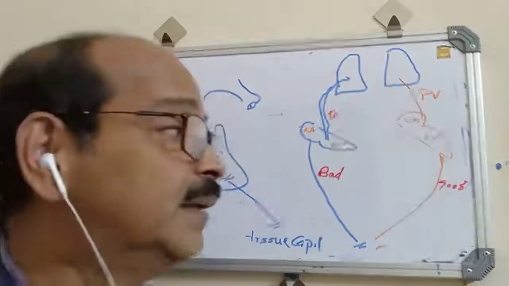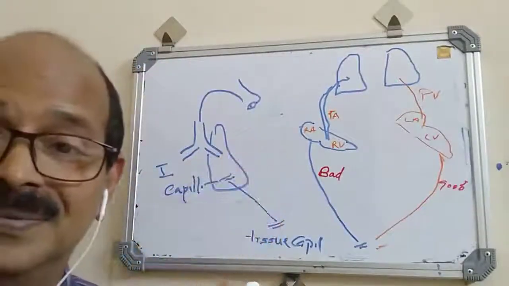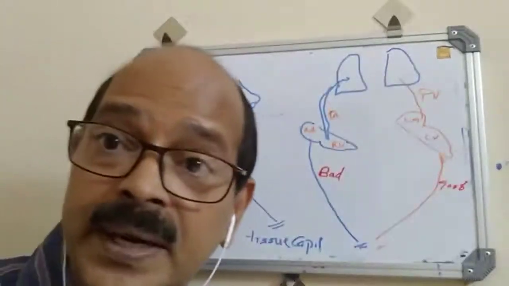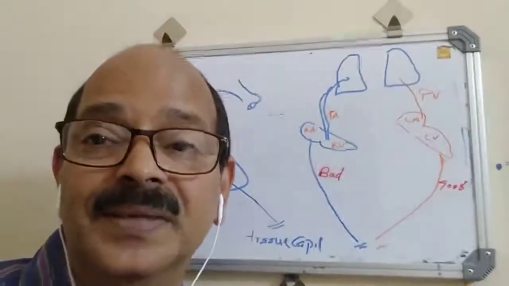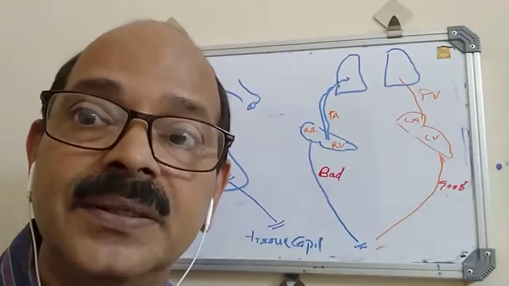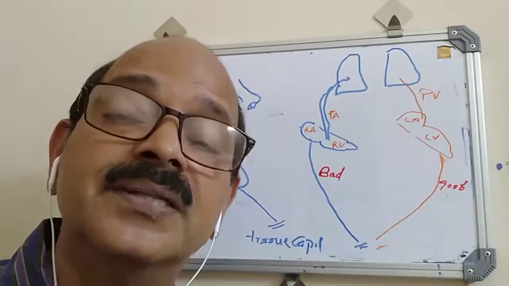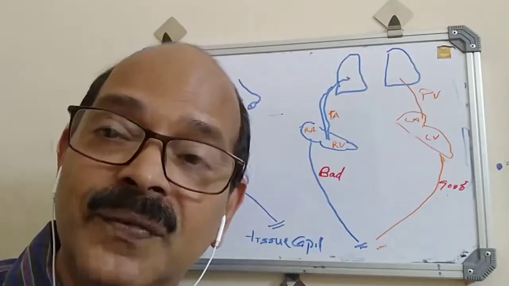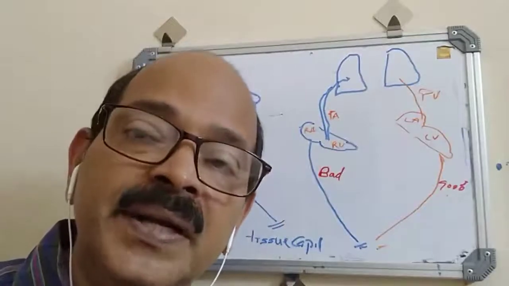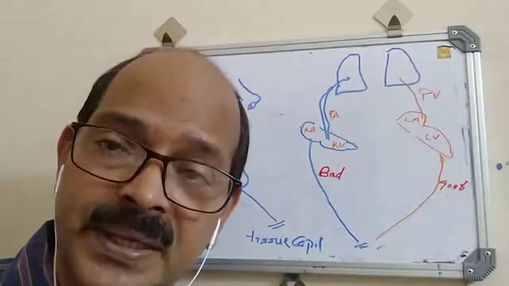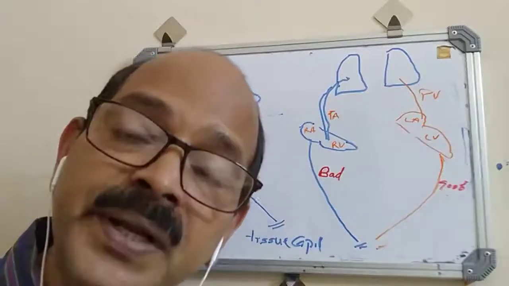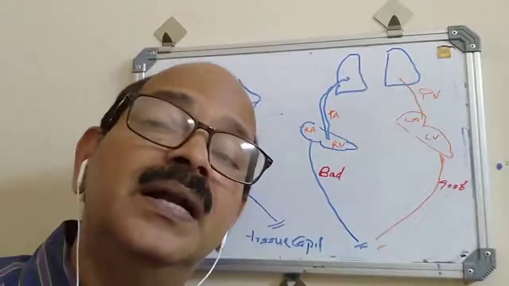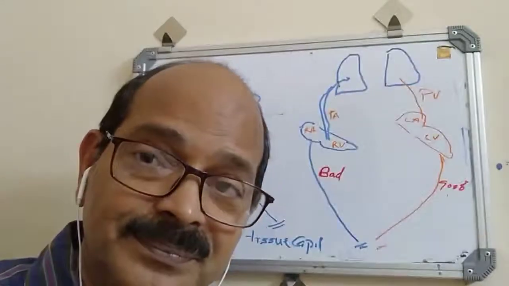Okay, now we'll come to cyanosis. You have all read about veins, arteries and the heart. At the systemic capillaries, the oxygen is given to the cells, and from that point the bad blood, the deoxygenated blood, is taken from the systemic capillaries to the venules, to the right atrium and right ventricle, to the pulmonary arteries.